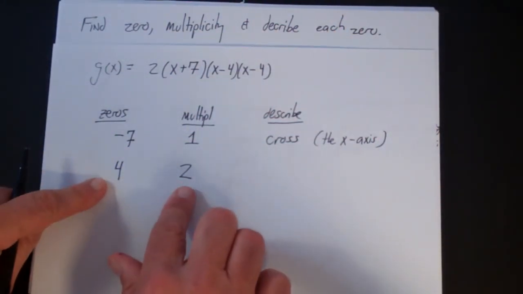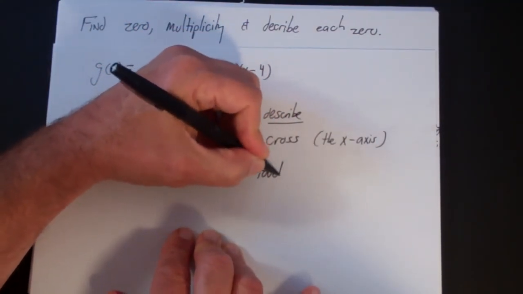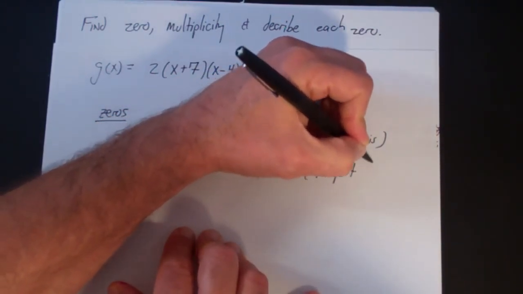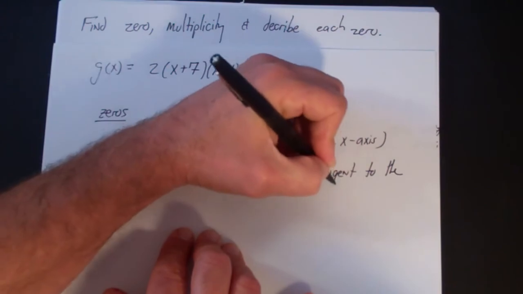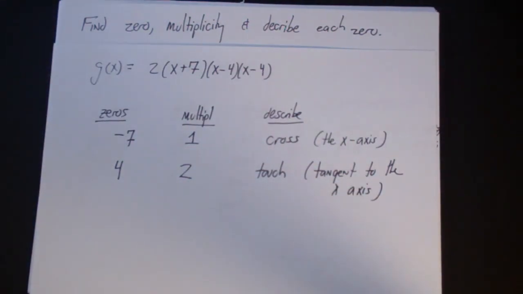Whereas 4 has a multiplicity of 2, which is an even number, so that's going to be a touch. In other words, it's tangent to the x-axis. And that's how you find zeros and multiplicity.